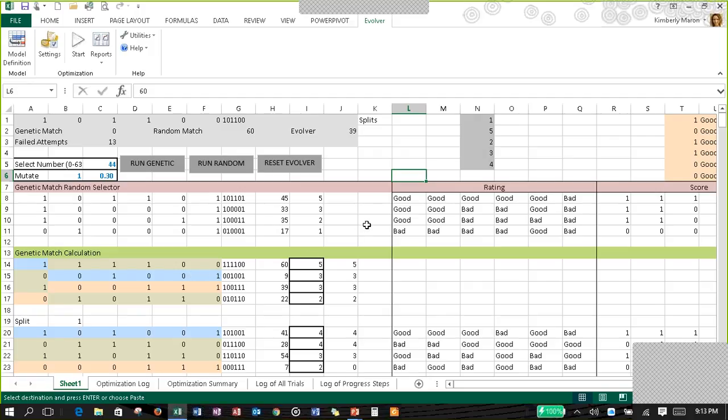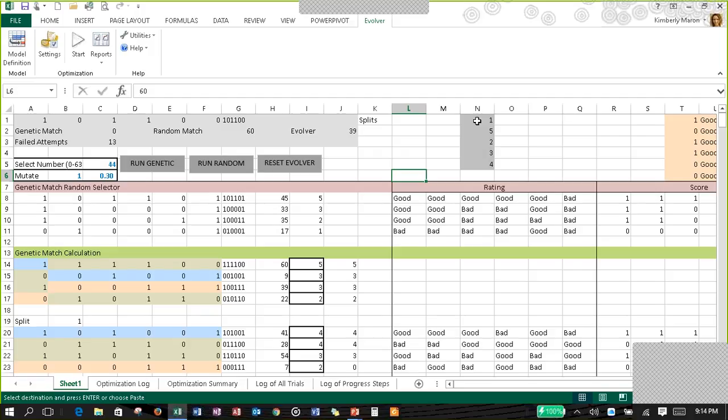Okay? And the next thing we do is we have to split those 2 guesses based on some randomly generated location. So we've generated a random split generator, which is in cells N1 through N5, and what the split generator is telling us is which position we're going to split those 2 best guesses and mix the information amongst them.